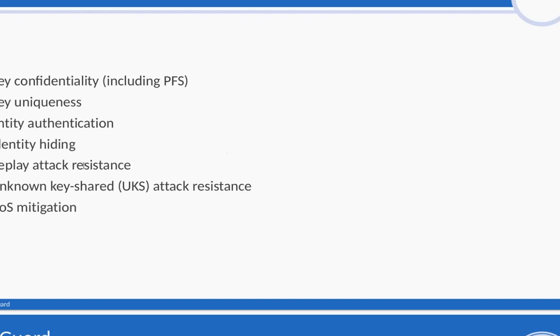Unknown key share attacks aim to trick two honest parties into completing the handshake with each other, while believing that they have in fact completed the handshake with someone else. It's important that those two honest parties derive the same keys. Let's take one attack scenario as an example. Imagine that you are making an online transaction, and the two honest parties are you and your bank.